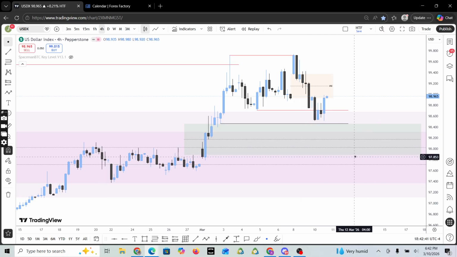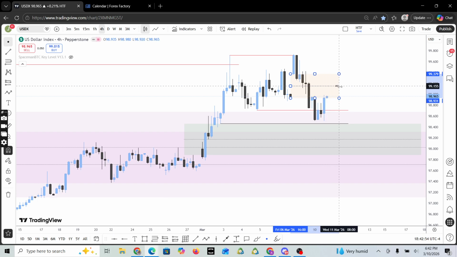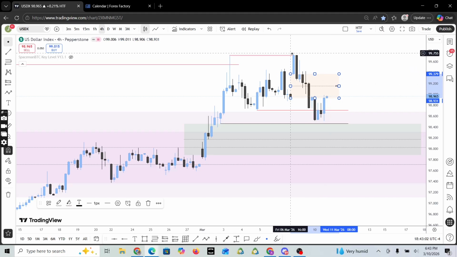The H4 hasn't really set up yet. I want to see a close above this down closing candle here to serve as the H4 order block. I don't want to see this one being used as resistance level. I would love to see this one being disrespected if indeed price is ready to go higher.